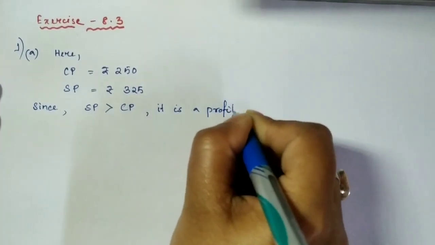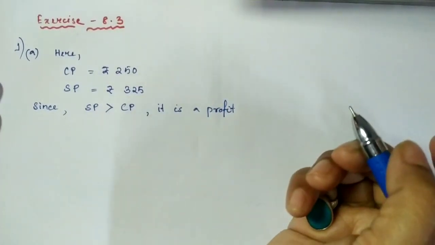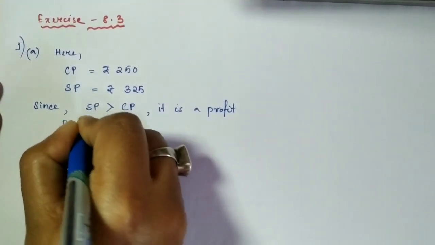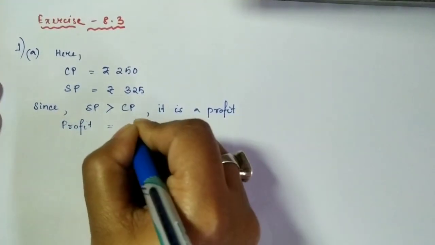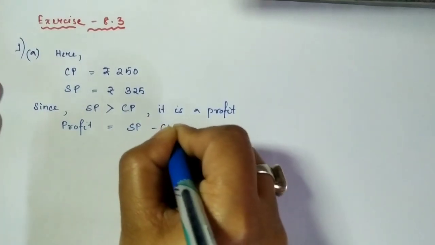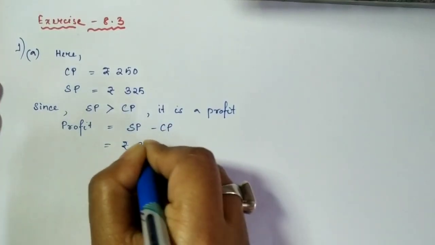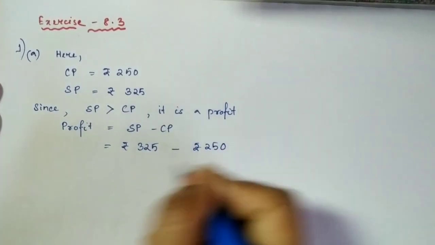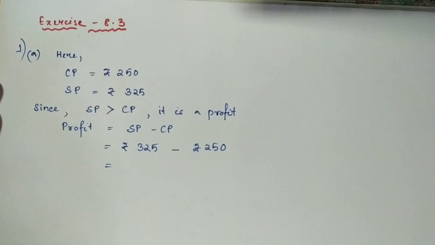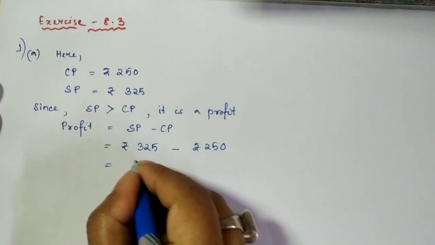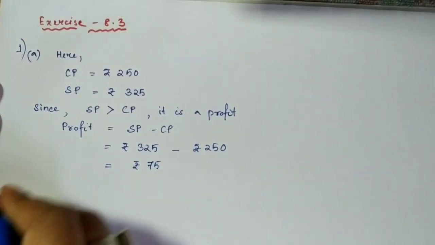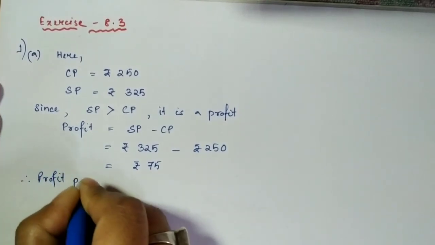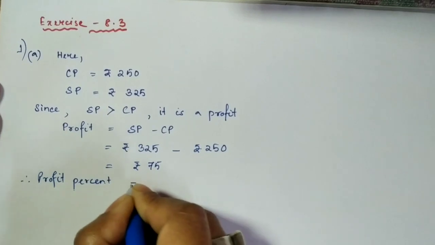And how do I calculate? We have to calculate the profit percentage or the loss percentage, and for that I need the profit. So profit is equal to what? SP minus CP. SP is rupees 325 minus rupees 250. Let's calculate this. So it will be rupees 75. Okay. Now hence therefore profit percent will be equal to what?